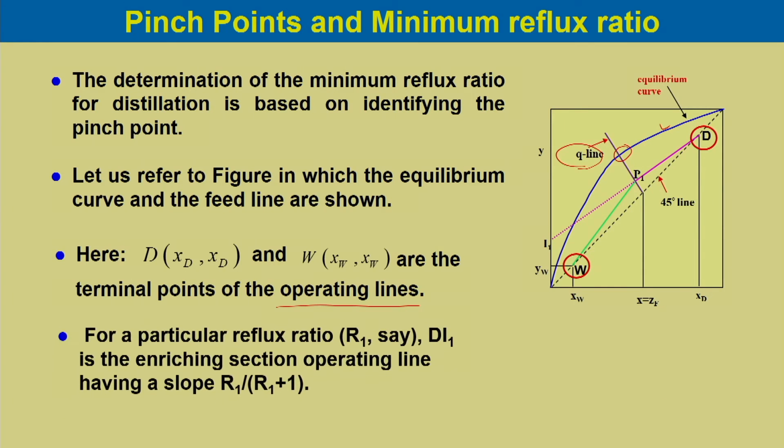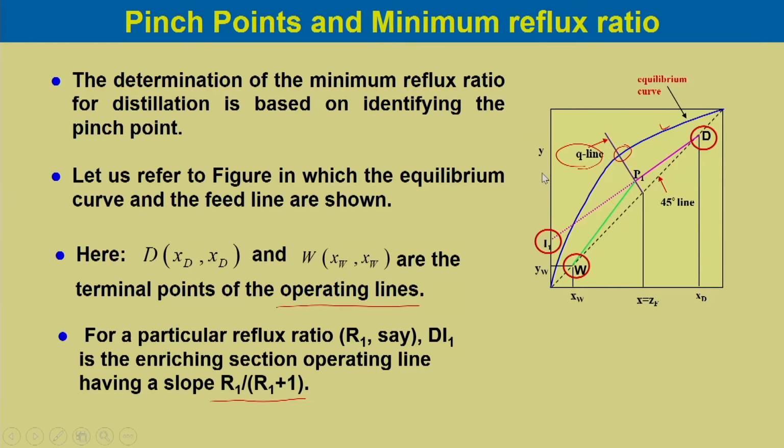Now, for a particular reflux ratio, say R1, from this D to I1, this is the enriching section operating line for a particular reflux ratio R1, having a slope of R1 by R1 plus 1.